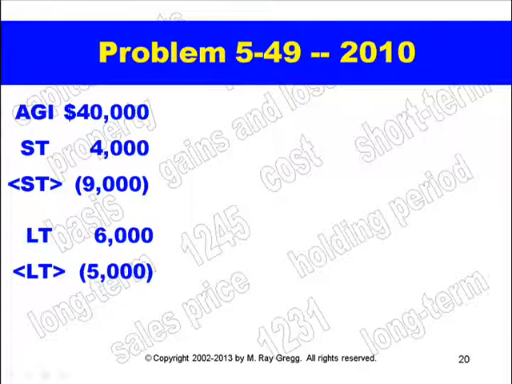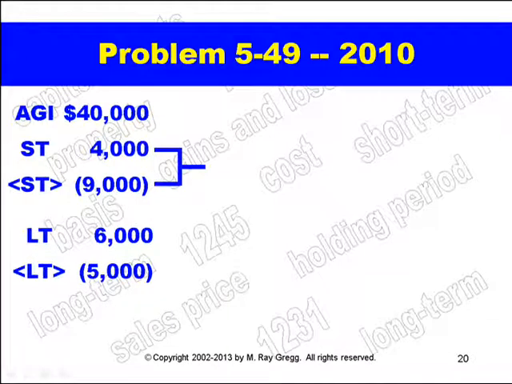I hope you'll compare the facts in the book with those in the handout and those you see on the screen here, and make sure that we're working from the same information. Now, perhaps you recall that there are some steps that we need to go through. We need to combine the short-term gains and losses.